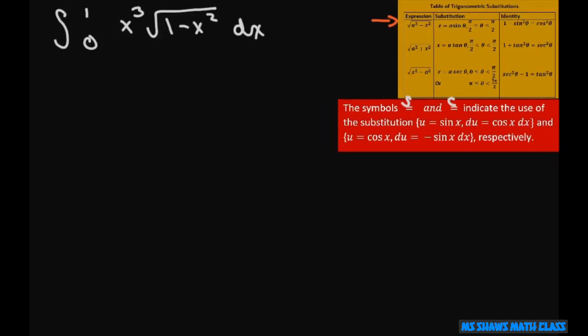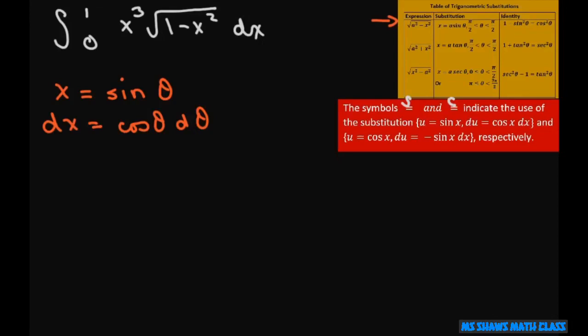And so we're going to go ahead and let x equal sine of theta, and therefore our dx would be cosine of theta d theta.